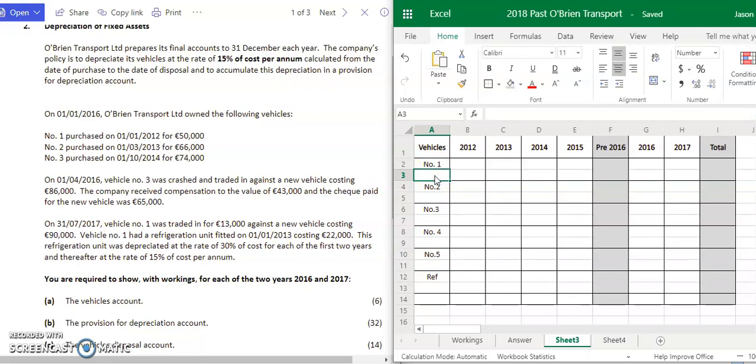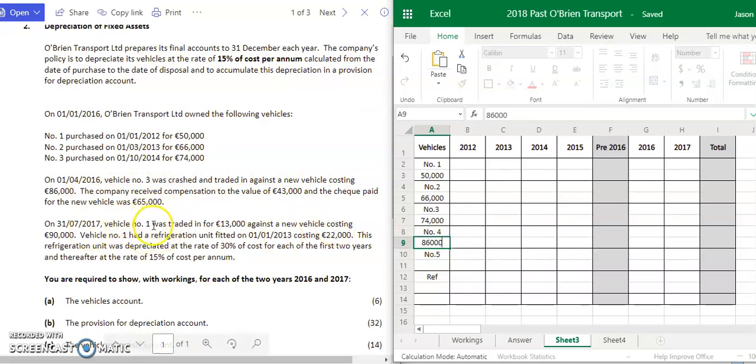And then just put in the value for each one so we know how much to calculate depreciation on. So 50,000 for vehicle number 1, 66,000 for vehicle number 2, vehicle number 3 then was 74,000. Then vehicle number 3 was crashed and we bought a new vehicle costing 86,000. And vehicle number 5 then was bought when we traded in vehicle number 1, so that cost 90,000. And then we've got a refrigeration unit, which cost 22,000.